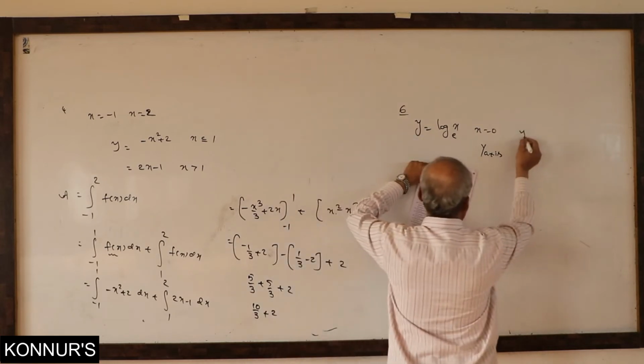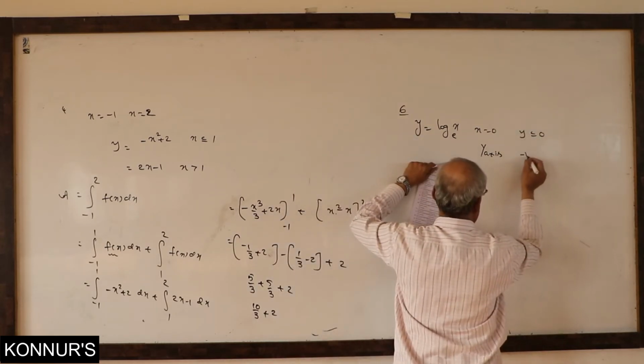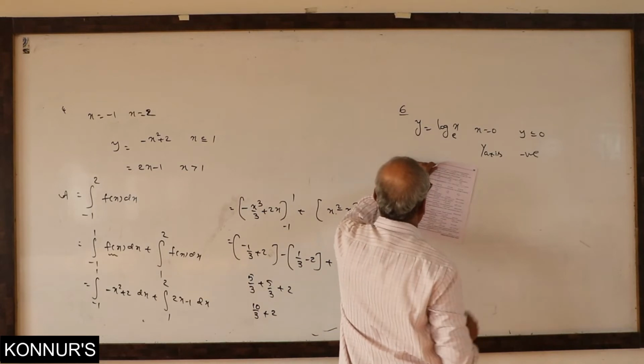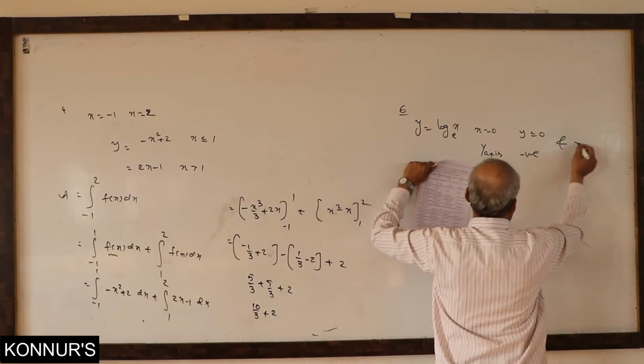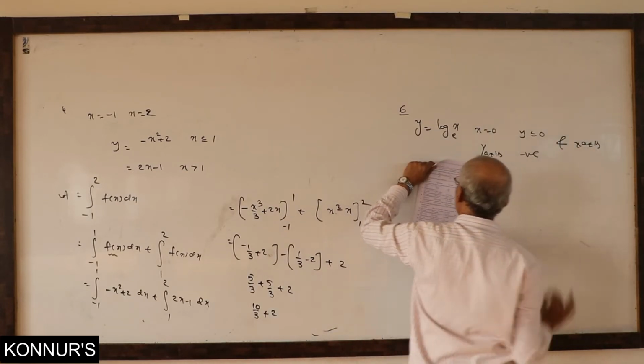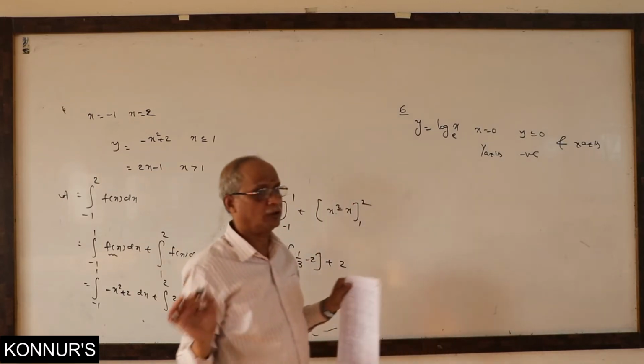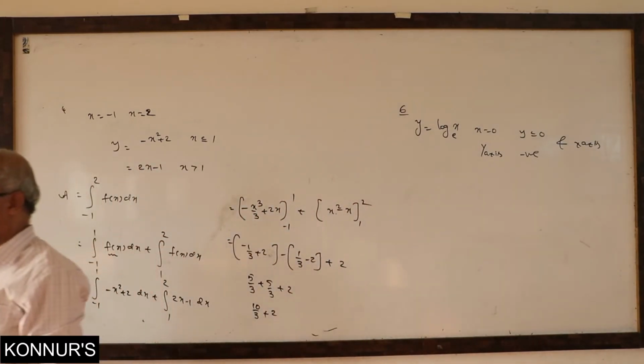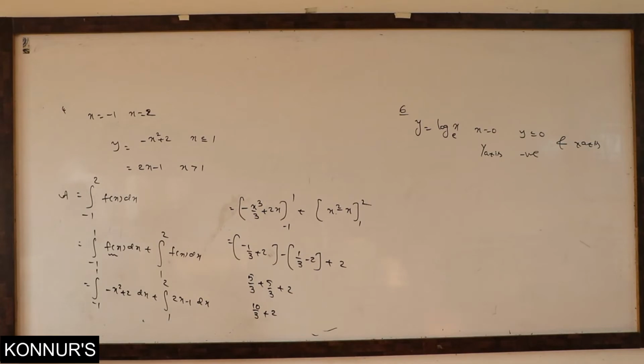Y less than or equal to 0 means the negative y axis, and the x axis is also there. This is only information, nothing else is present. Limits of x are not given. We have to get the limits.